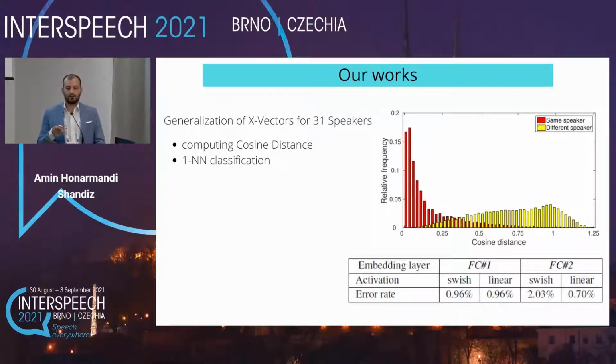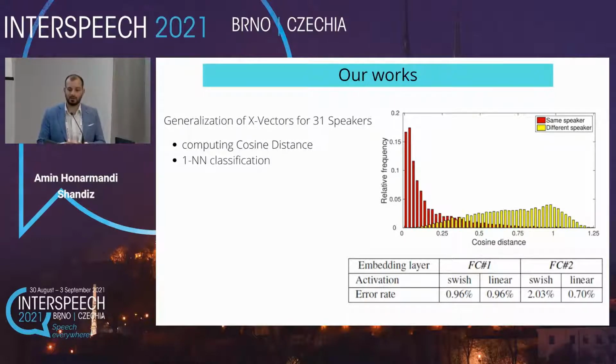Then we did 2 computations to see if our X vector features are good enough. The first one was cosine similarity distance. We did it for the same speakers versus different speakers. For the same speakers, our cosine distance was close to 0, according to randomly selected X vector features.